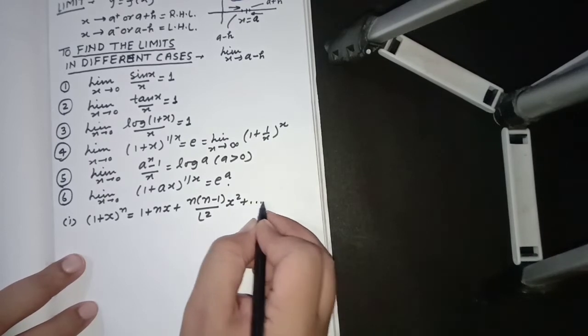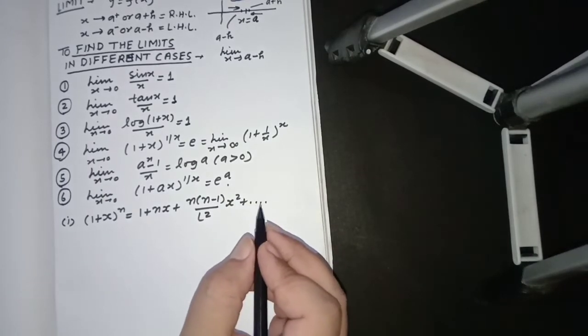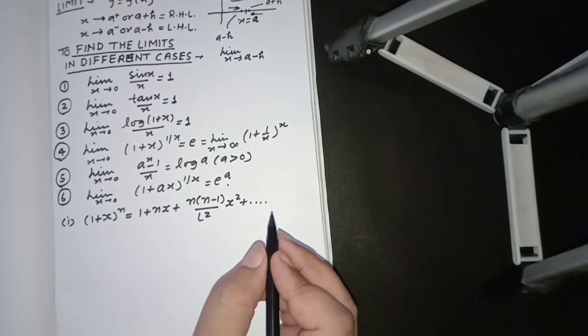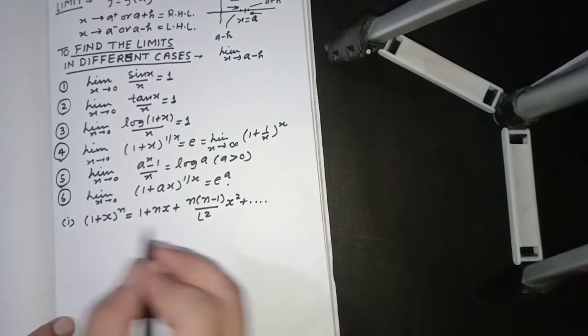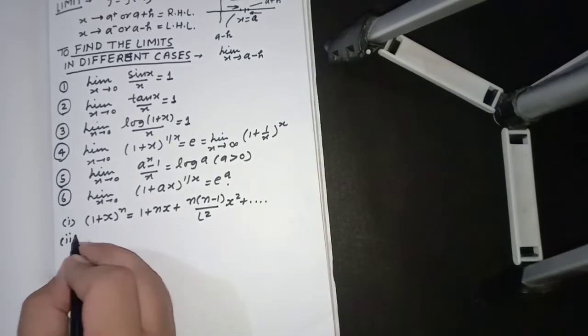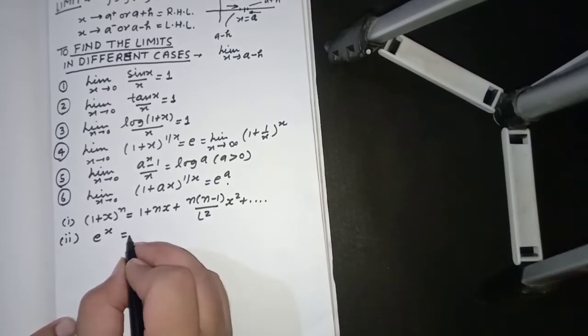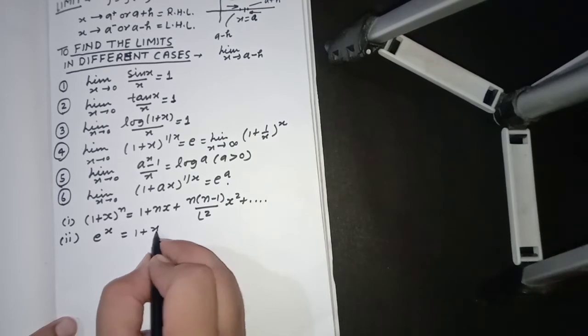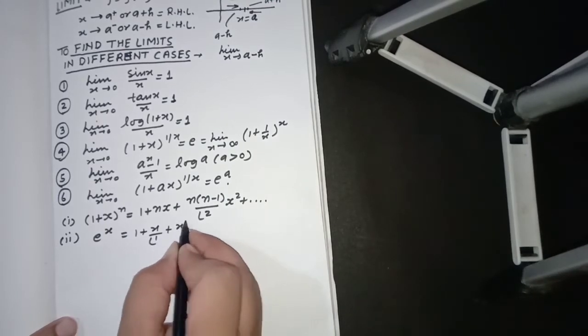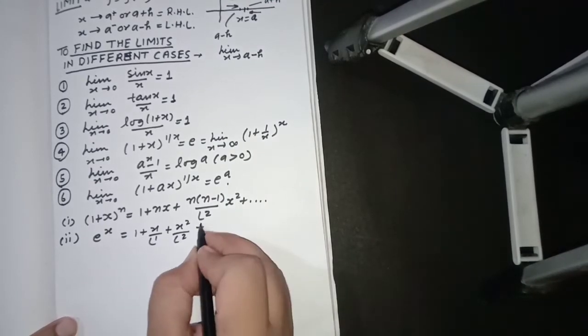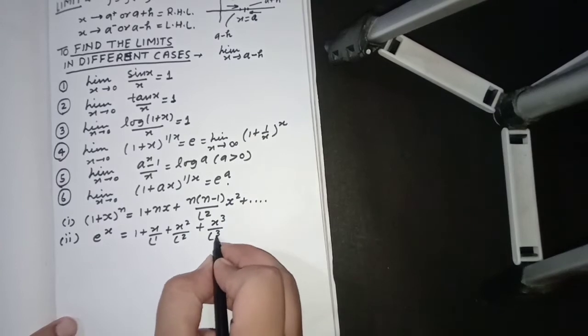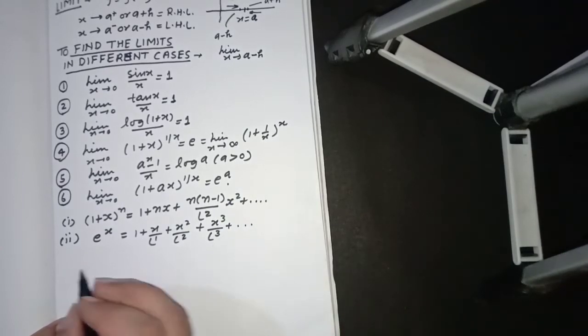So before solving the questions of limit, a person must know these formulas. Number second, e power x is equal to 1 plus x upon factorial 1, plus x square upon factorial 2, plus x cube upon factorial 3, and so on.